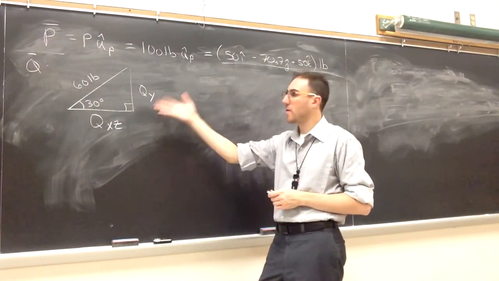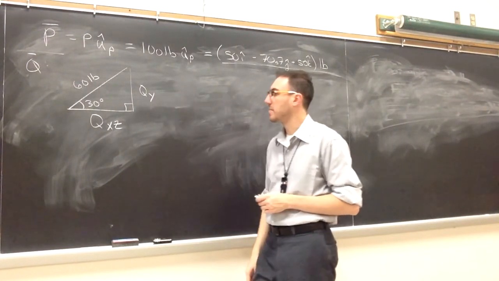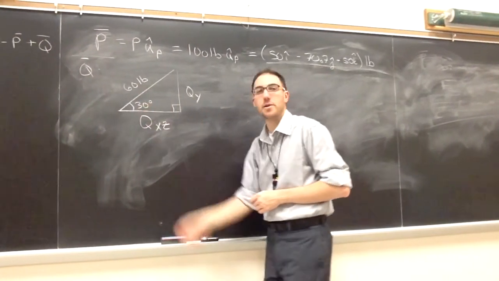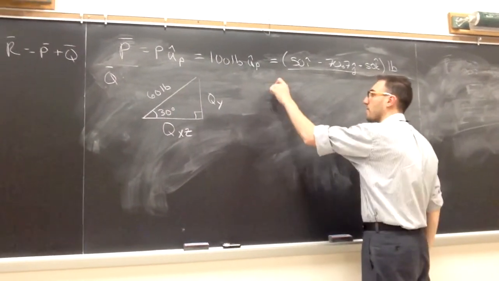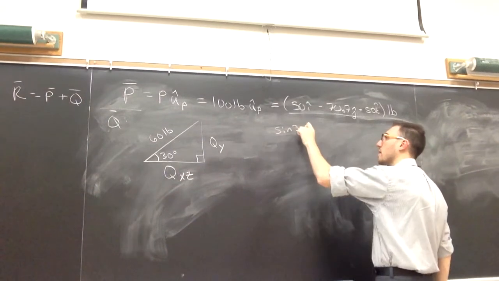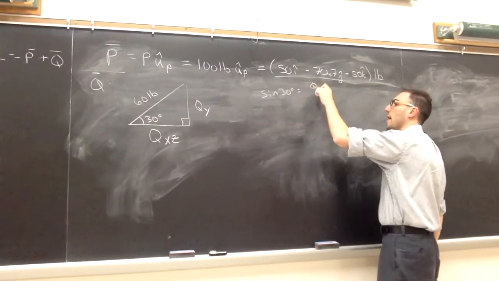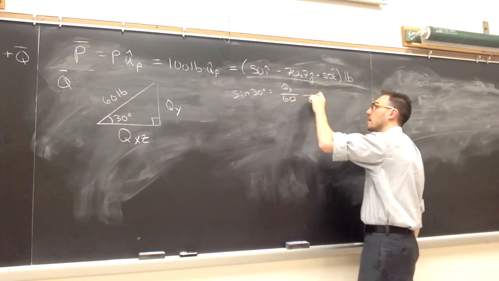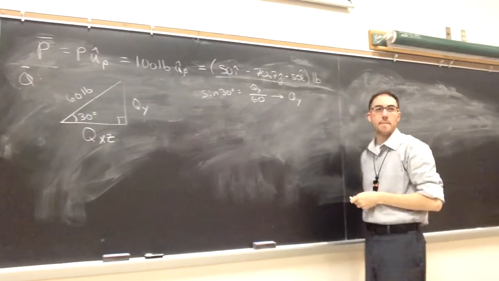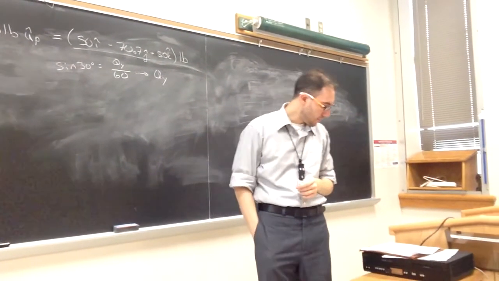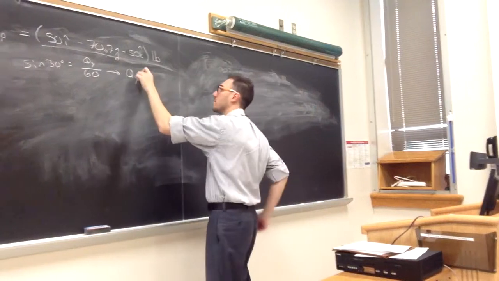In this right triangle, I can solve for these legs because I have enough information between the hypotenuse and this angle here. So for example, if I use sine 30, that will be qy over 60, which means the amount of q that's in the y direction is going to be 30 pounds.